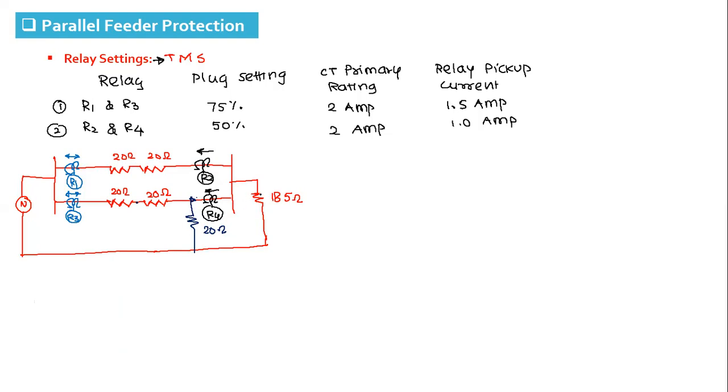You can see 185 is parallel to 20, and this 40 is parallel to 40. So the equivalent circuit will be like this. Here is the 20 ohm, 40 parallel to 40, and this is 20 parallel to 185. This is the fault, 230 volt. What is the equivalent of 20 ohm parallel to 185?